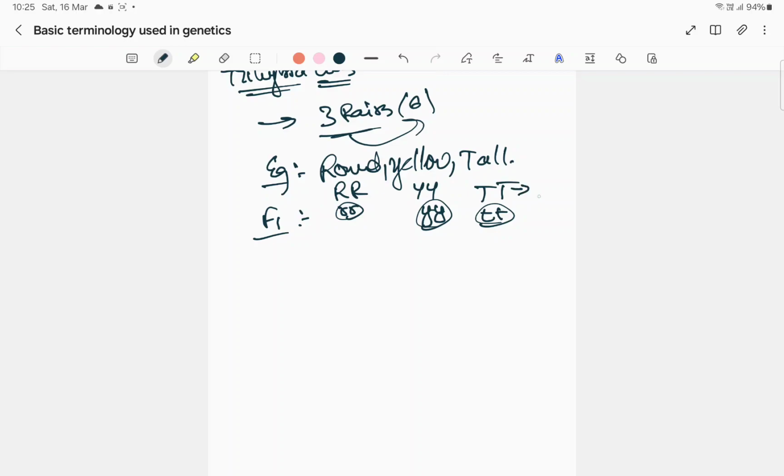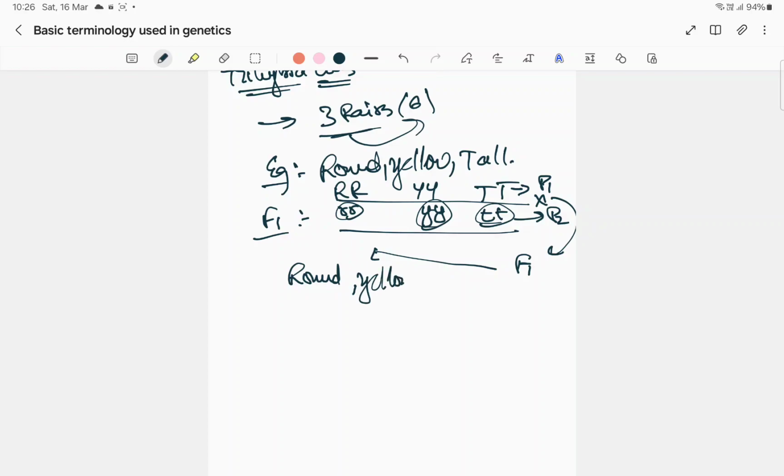If we cross this one with this one, let this be P1 and let this be P2. If we cross them, F1 we will get, right? This F1 will be round, yellow and tall. Why?